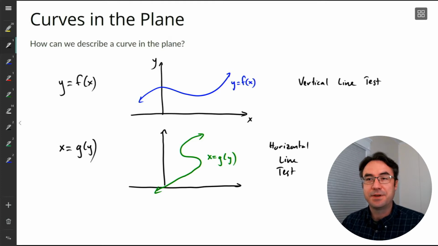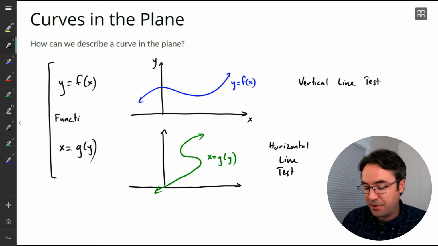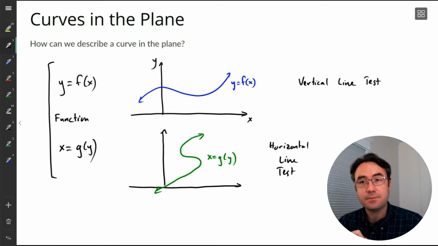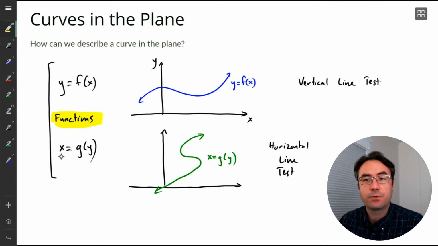So if we're using functions, and that's what these two are, we're describing one variable as a function of the other. We're using functions here to relate y and x, so x and y are directly related to each other in each of these.